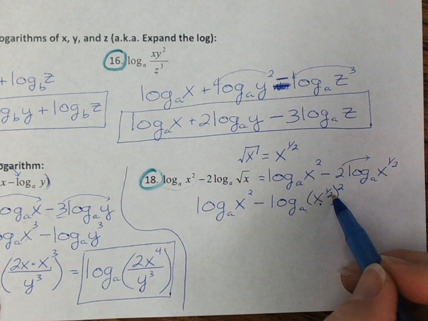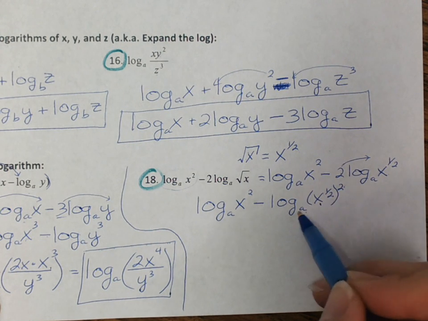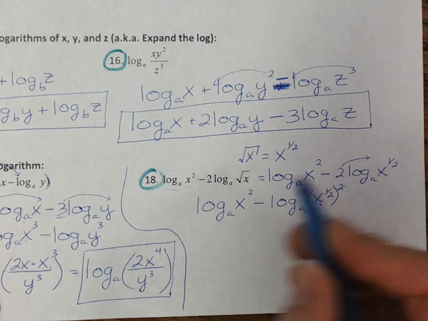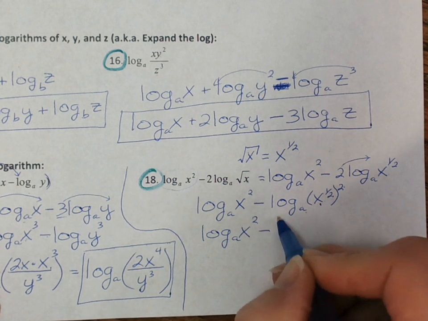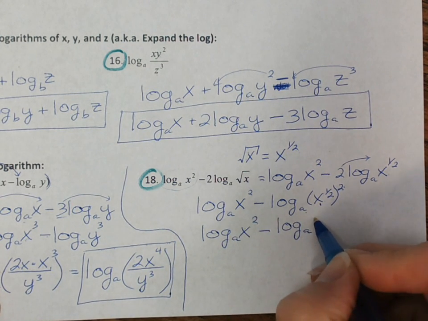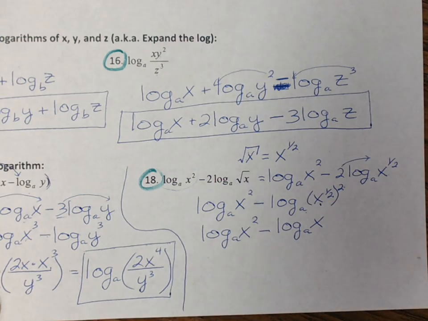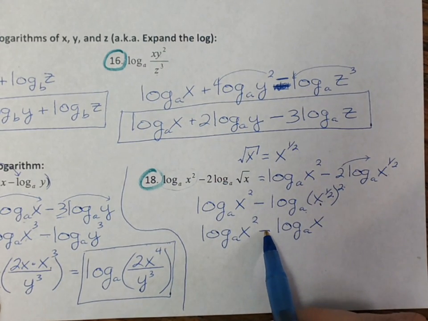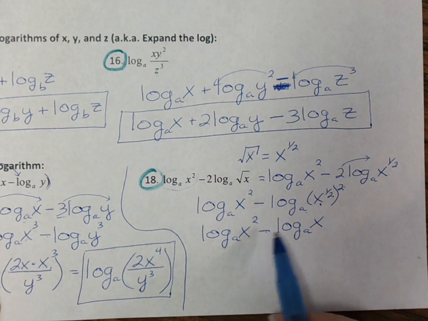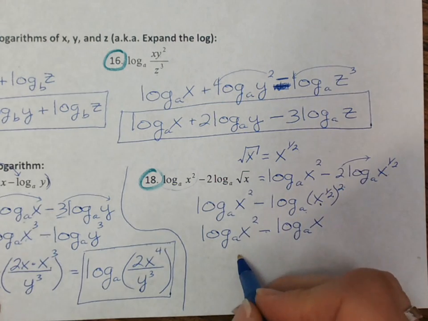So if I have a square root and a squared, they cancel each other out, right? So I'm just left with log base a of x right here. So this is going to be log base a of x squared minus log base a of x. Now we're almost through. I'm subtracting, so that means that I'm going to divide the arguments and I can pull them into a single log.